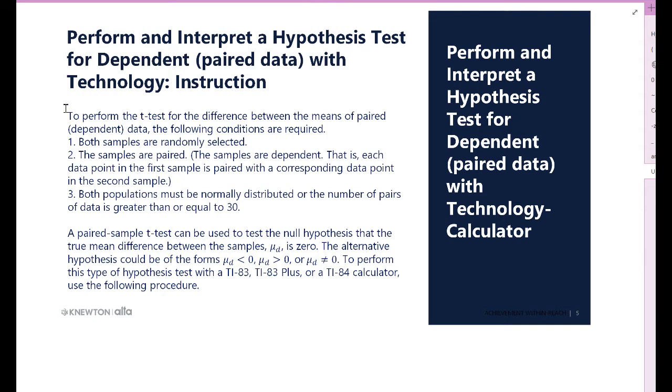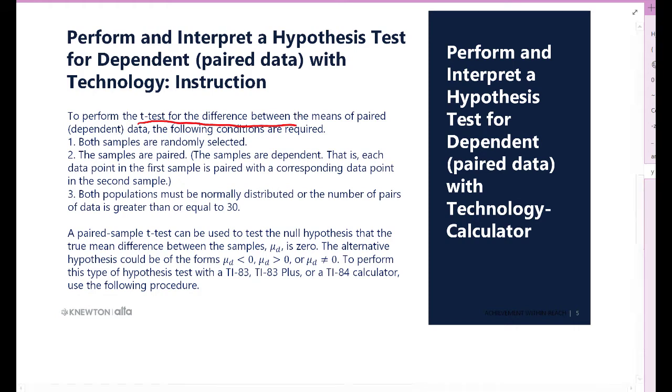And so what we're going to do is perform a t-test for the difference between the means of the paired data. We're actually going to perform just a regular t-test on the difference between the data. But as always, there have to be conditions met before we can perform any type of hypothesis test.